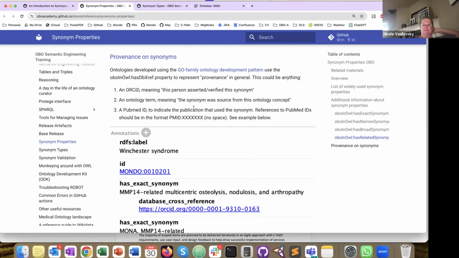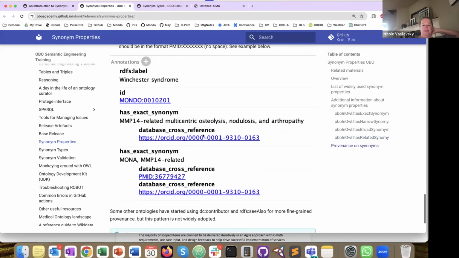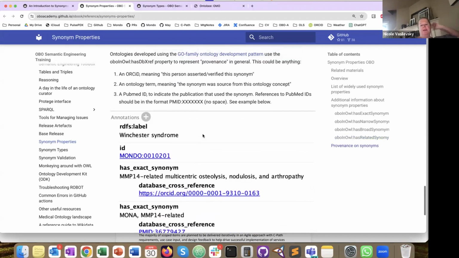And then also, you could add an ontology term, which means that the synonym was sourced from this ontology concept. So in Mondo, we integrate various disease terminologies into one single ontology, and we will add the synonyms. Say we have a term that came from the disease ontology, we would give the disease ontology the cross-reference, or if it came from NCIT or elsewhere.